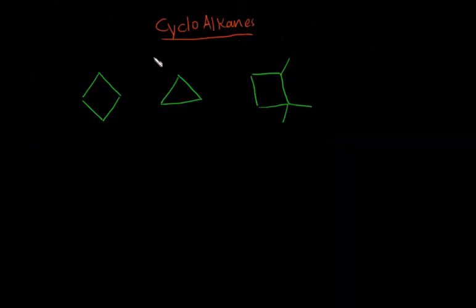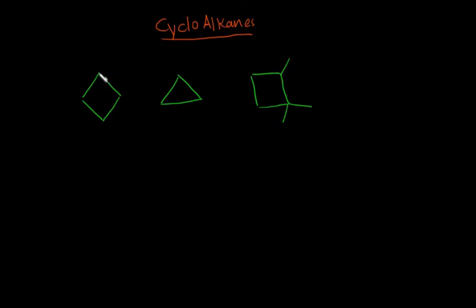So now, finally we move to cycloalkanes. Cycloalkanes are unlike alkanes. They are a closed chain of carbons. They are not like alkanes, open chains. They are closed chains.